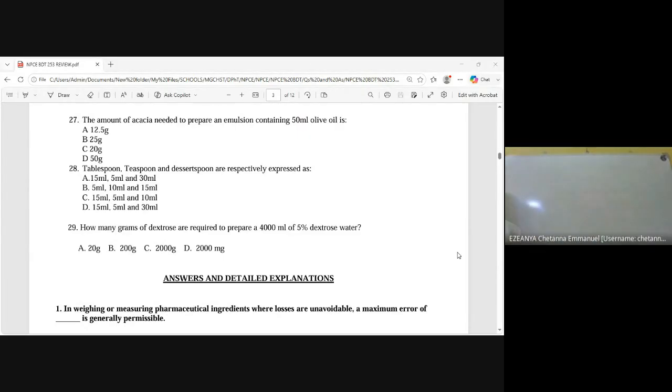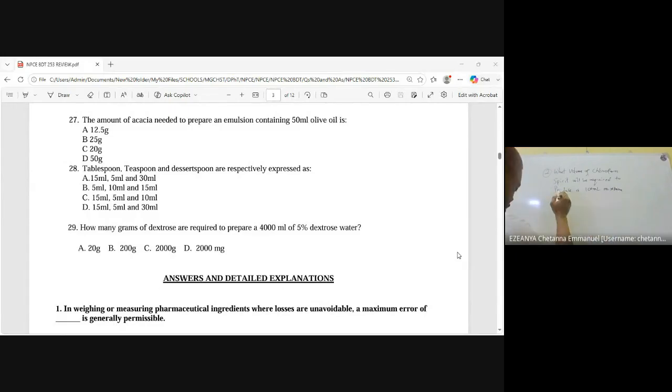Then question 2 says, what volume of chloroform spirits will be required to produce 100 ml mixture?